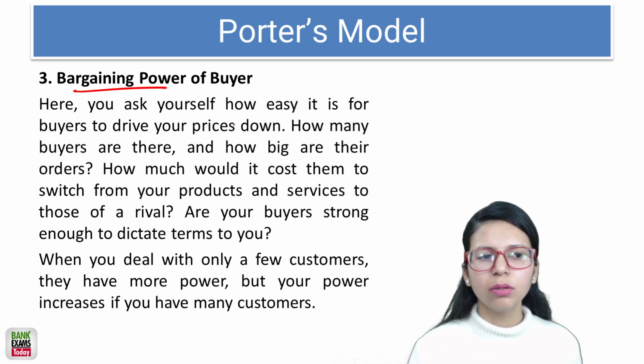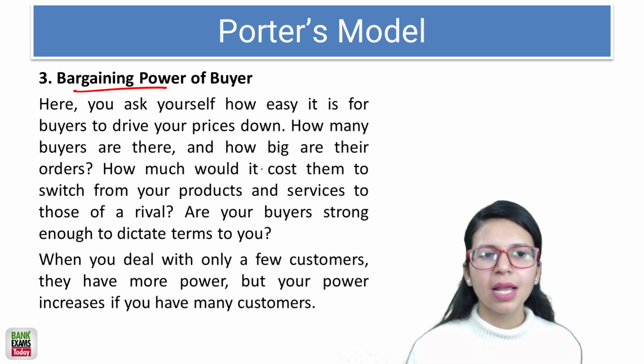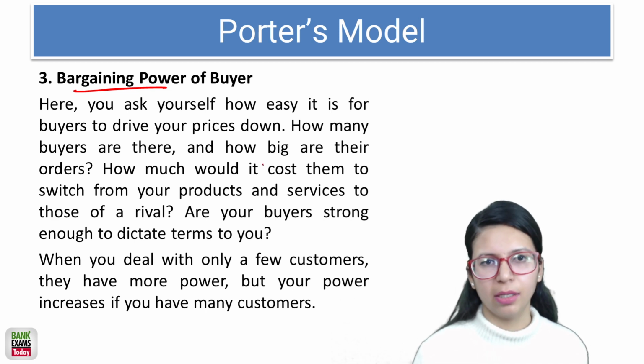He has more power, he can bargain with us more, because we don't want to lose that particular buyer, because most of the share of our profits is from that buyer only.